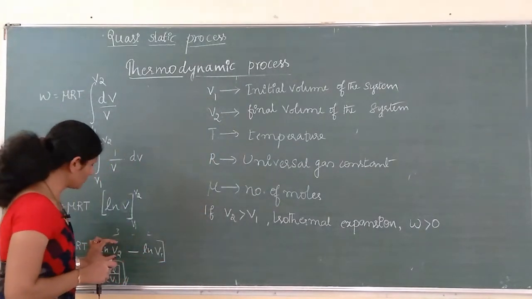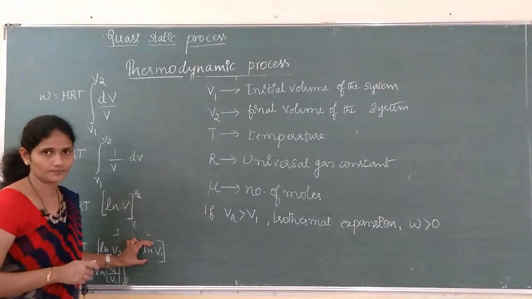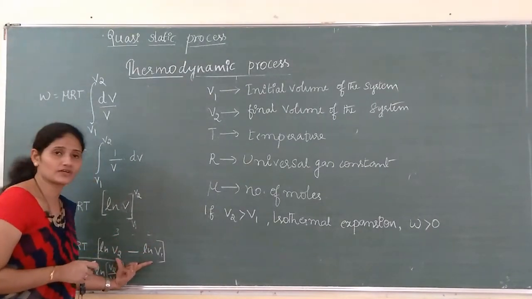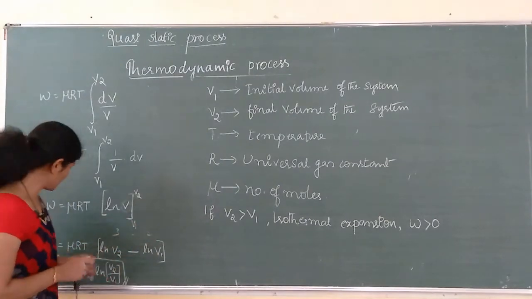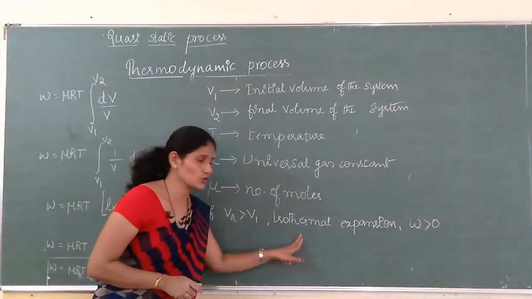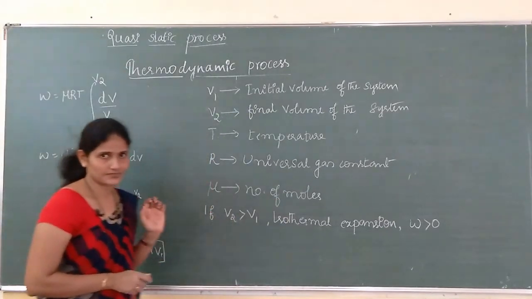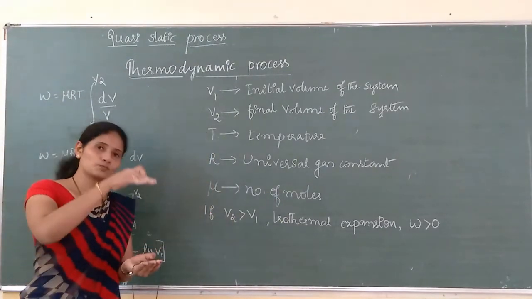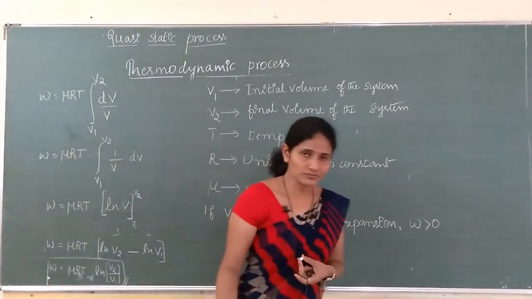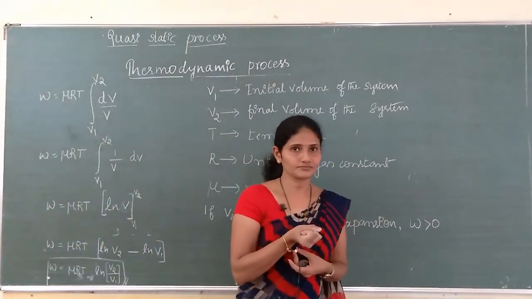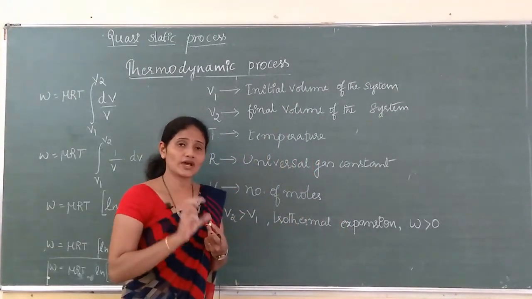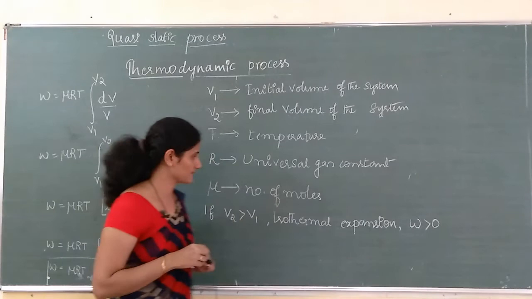If the final volume is greater than the initial volume, then ln V2 minus ln V1 is always positive, work done is positive, and the process is isothermal expansion. In isothermal expansion, the system absorbs heat energy from the surrounding and the gas molecules apply force on the piston. So, work is done by the gas.